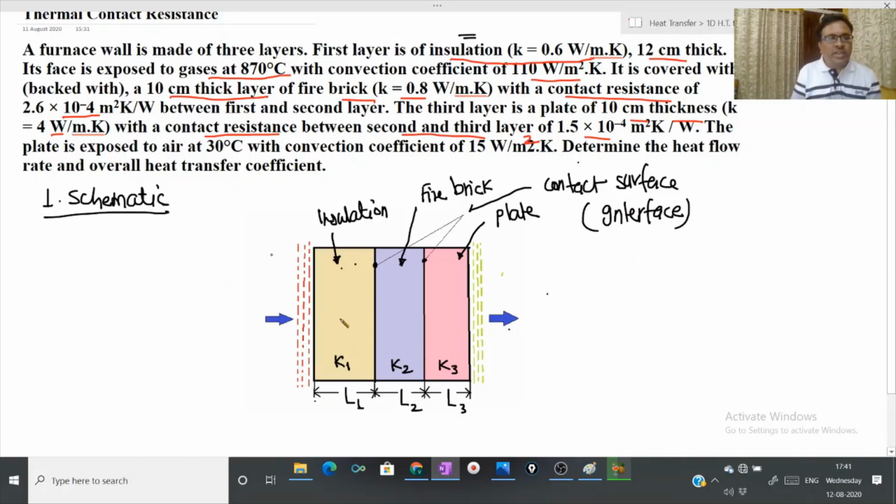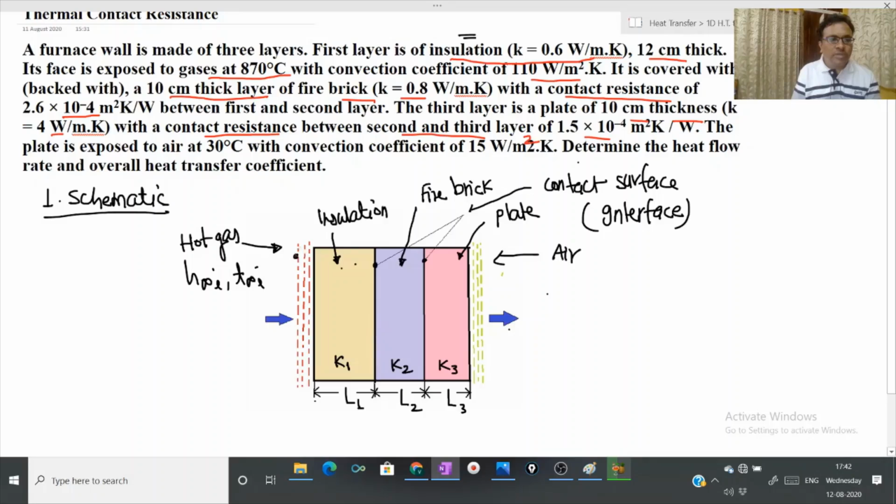The insulating material is exposed to the hot fluid, represented by a film. It is hot gas actually, and the plate is exposed to the air. Let's say the hot gas has convective heat transfer coefficient h infinity i and temperature T infinity i.